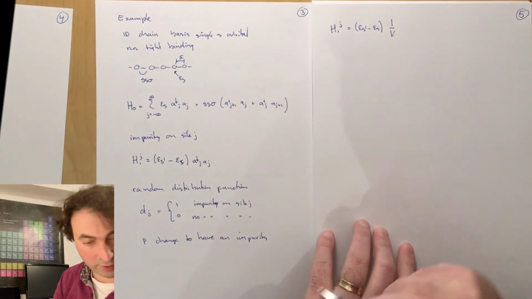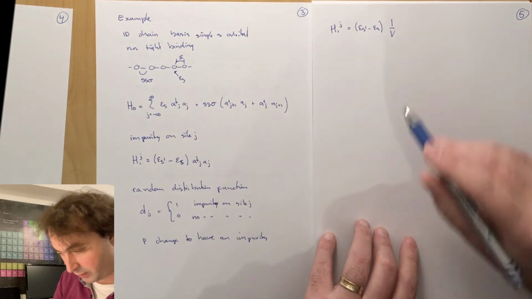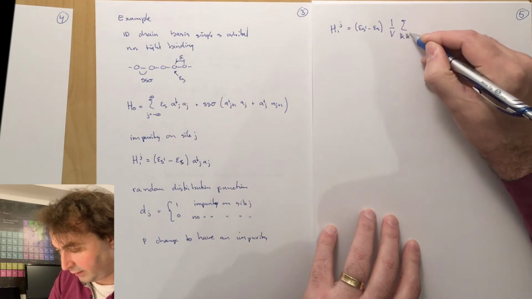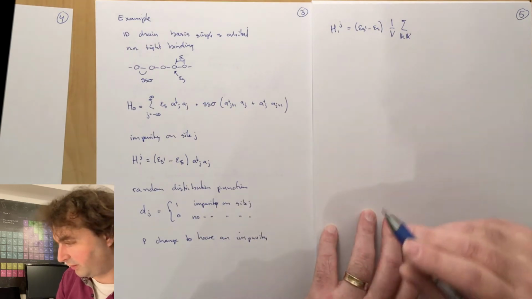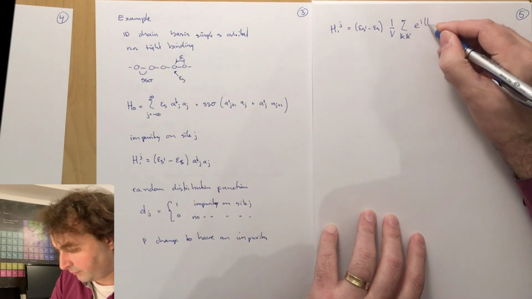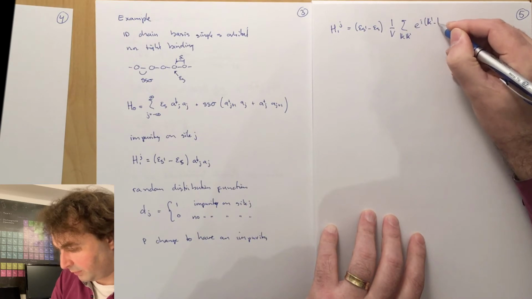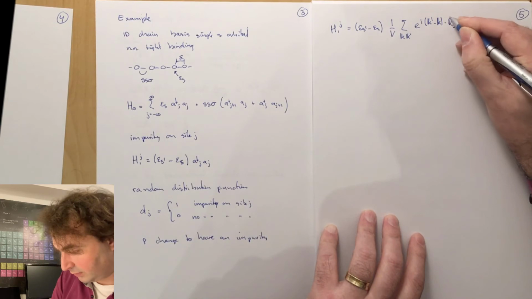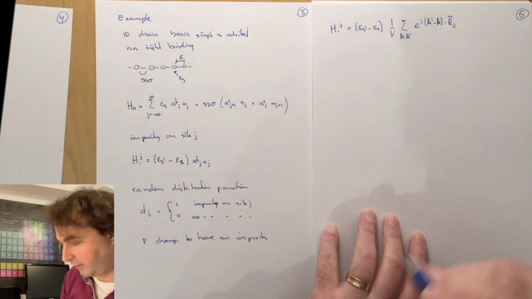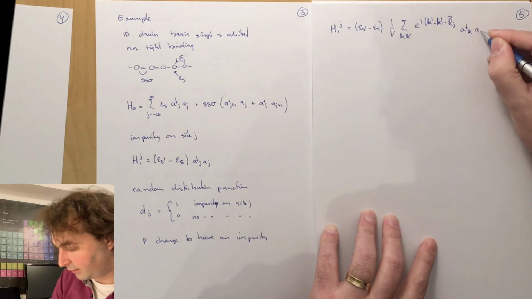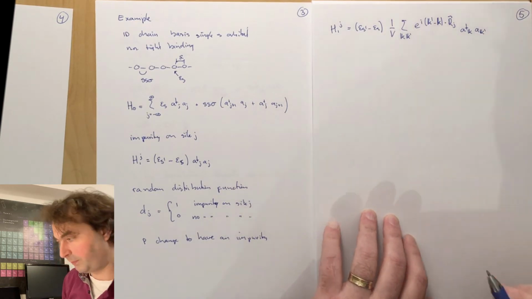So 1 over V squared times 1 over V squared becomes 1 over V, a sum over k and k prime for the Fourier transform of the creation and the annihilation operator, e to the i k prime minus k dot rj, because we evaluate them at the same position, a dagger k, a k prime.